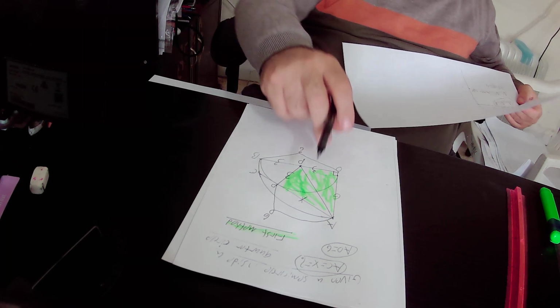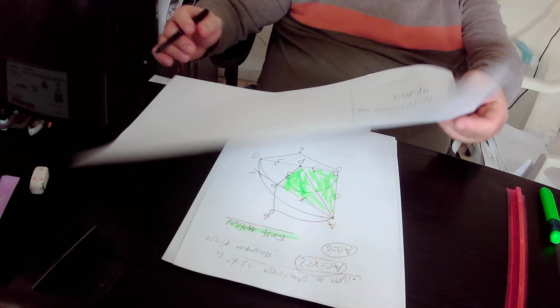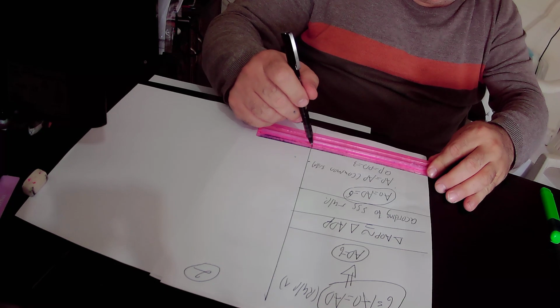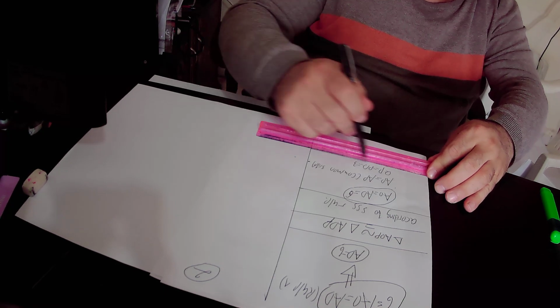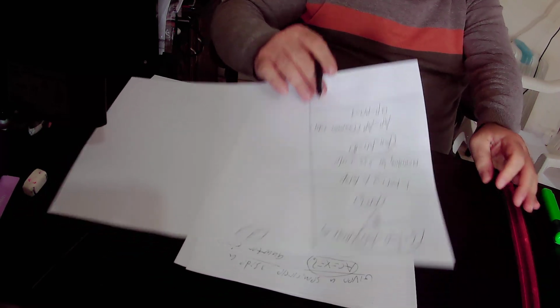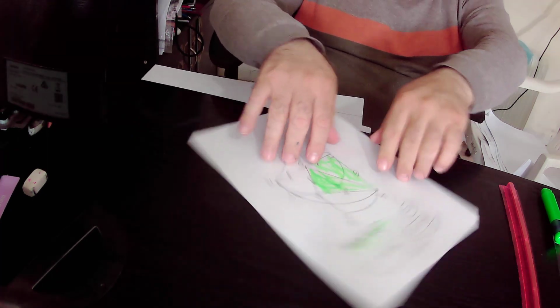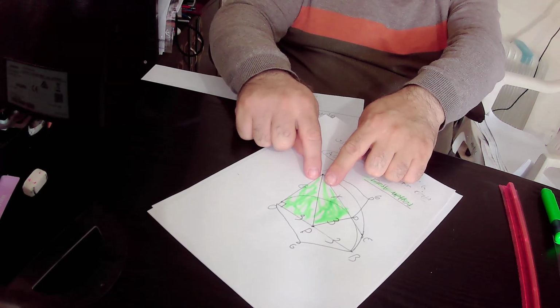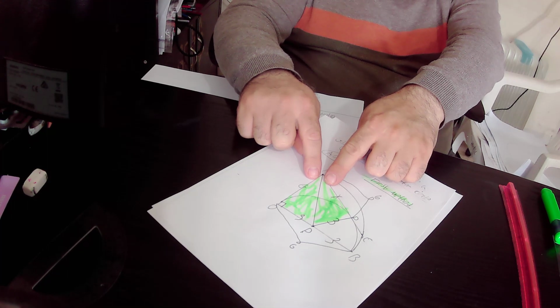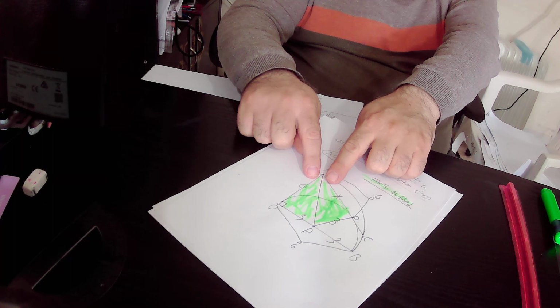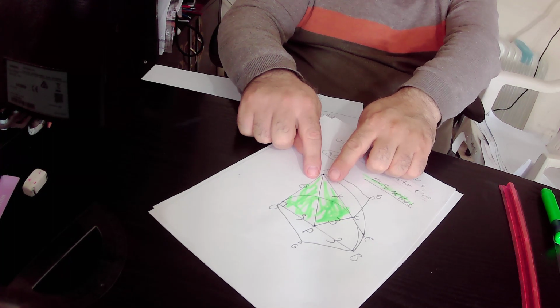And from the fact that those two triangles are congruent to each other, we conclude that those two angles are equal to each other, according to the rule that corresponding angles in congruent triangles are equal to each other.